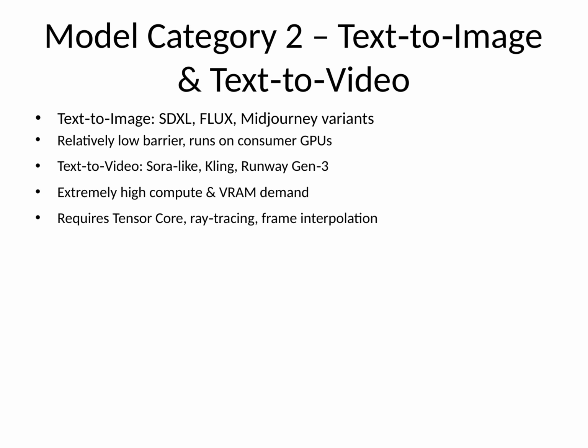As a result, while many individuals can experiment with text-to-image locally, serious text-to-video work usually pushes into high-end or enterprise-grade hardware territory. Understanding this gap prevents unrealistic expectations when planning a local deployment.